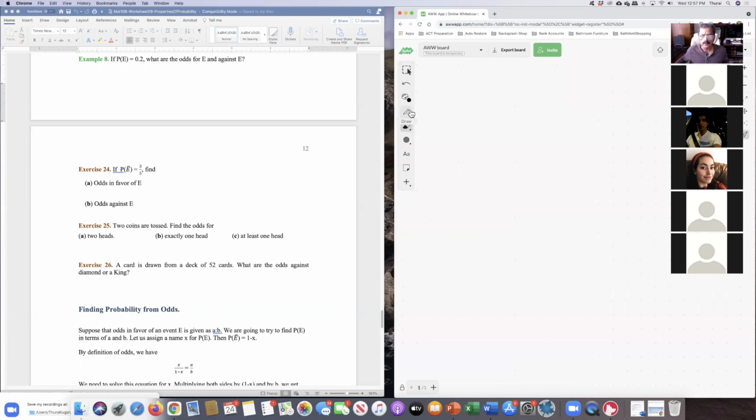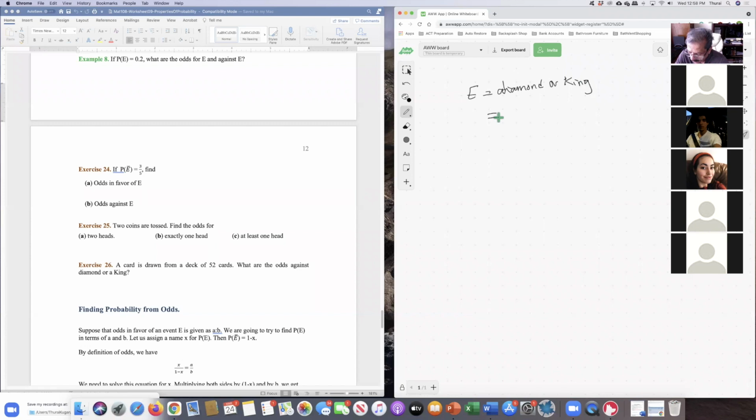Can anybody tell me how many elements are there in the event of diamond or king? 16. Very good.